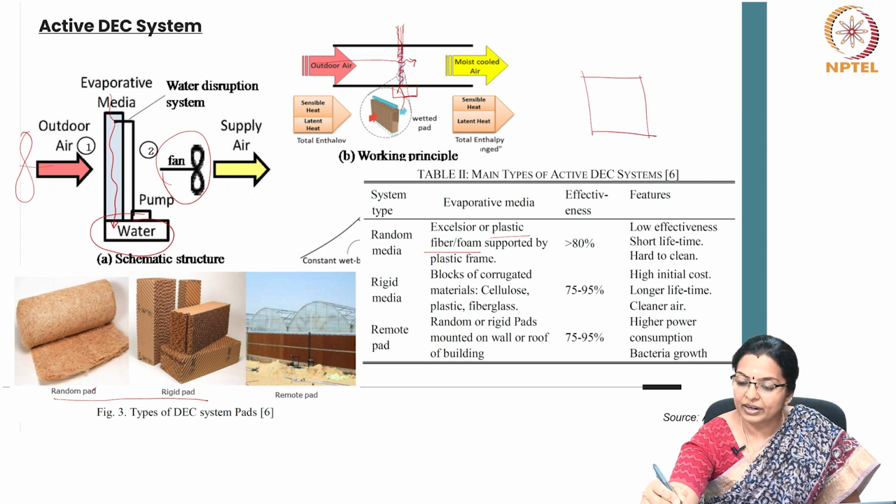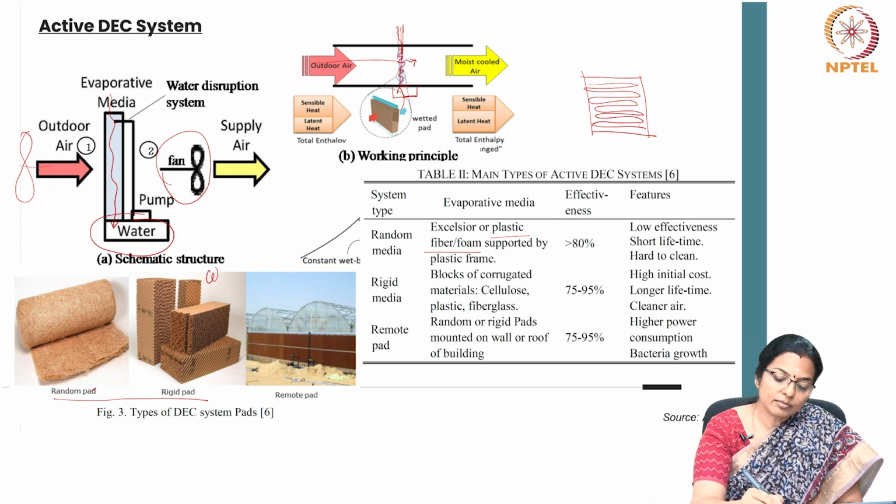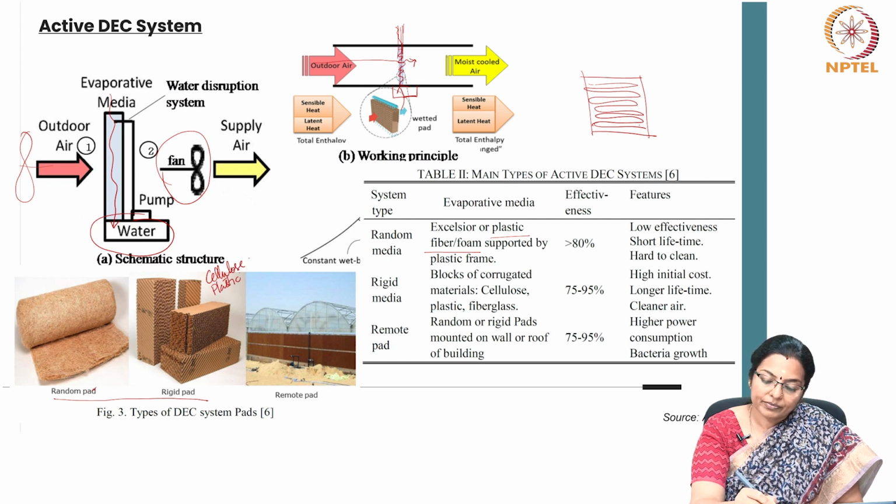This has low effectiveness, short lifetime and is difficult to clean, whereas the rigid medium is blocks of corrugated materials like cellulose, plastic and fiberglass.